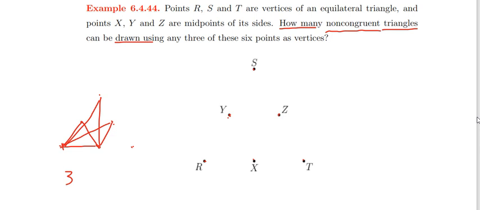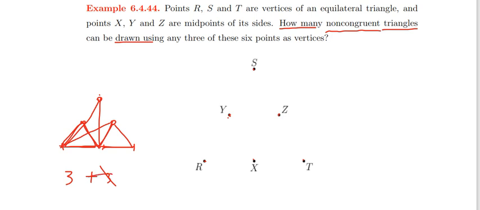Okay, and if we pick these 2, we will also get 3, connecting this point, this point, and this point. But we cannot count these 3 because these 3 triangles and those 3 triangles are the same. Like this one and this one are the same, right?